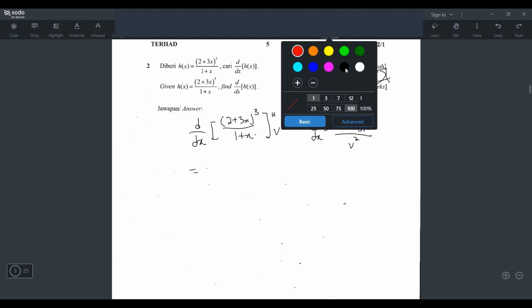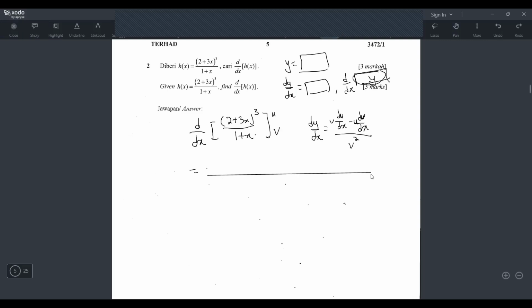Okay, I will draw a long line here, and then I'll start to differentiate. So what I have to do is copy V first, right? Okay, we will let the top one become U, the bottom one become V. So the V will be 1 plus x, so I'll just write it down. Make sure you put bracket, okay? And then du/dx means to differentiate U. Okay, how do we differentiate U?